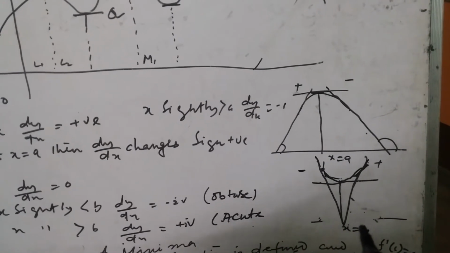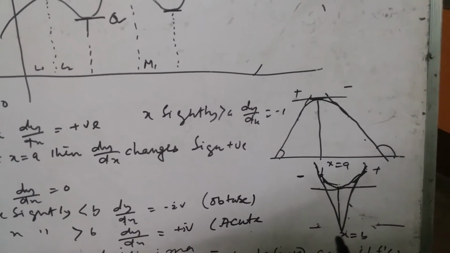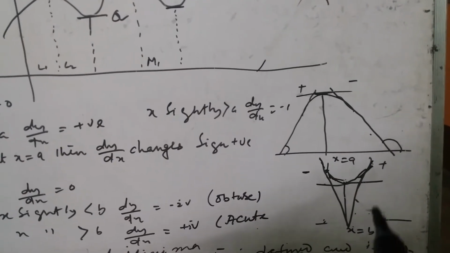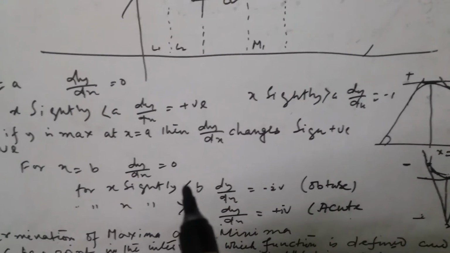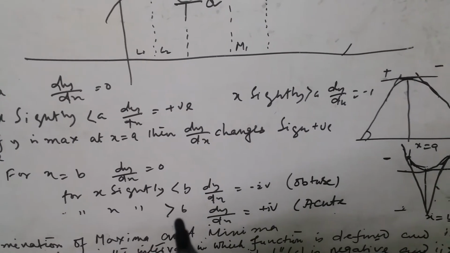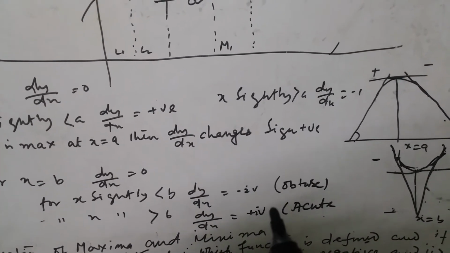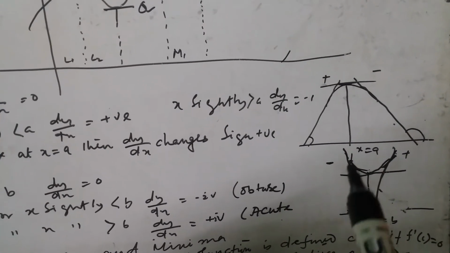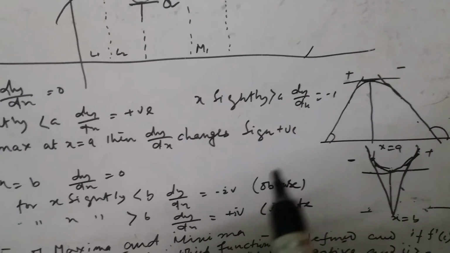Here that is acute, and that is obtuse. So if x is greater than b, then dy by dx is positive, acute, and if x is less than b, then dy by dx is negative.